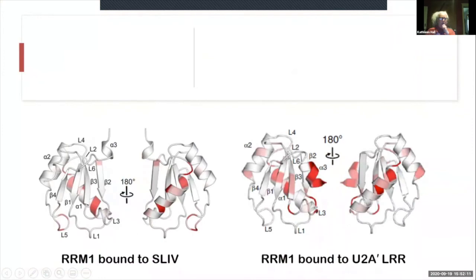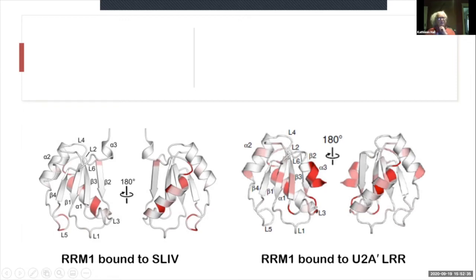So what we conclude, again, this is just two structures of the RRM, now mapping onto them the dynamics when they're bound to stem loop 4 versus the LRR domain of U2A prime. There's basically an inversion of where the dynamics are maintained.